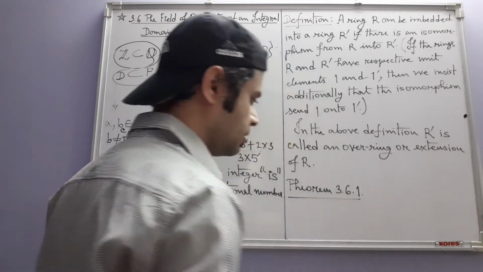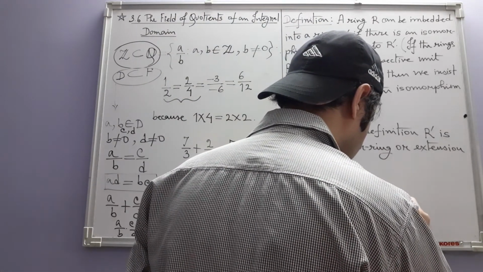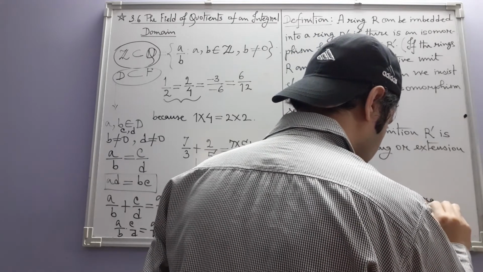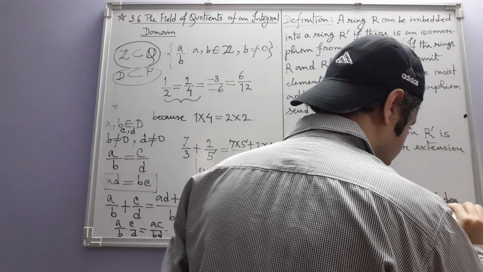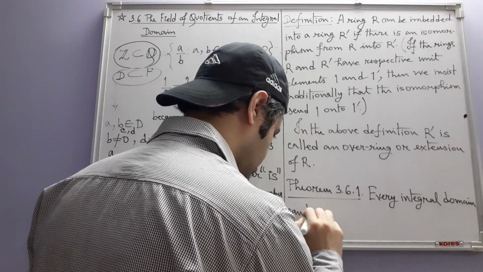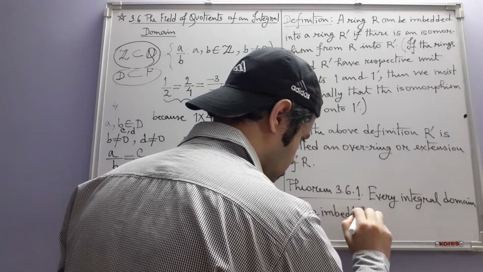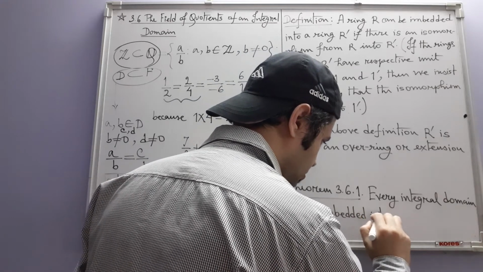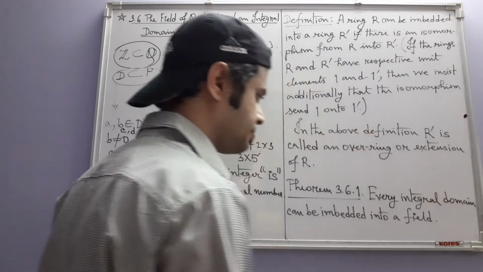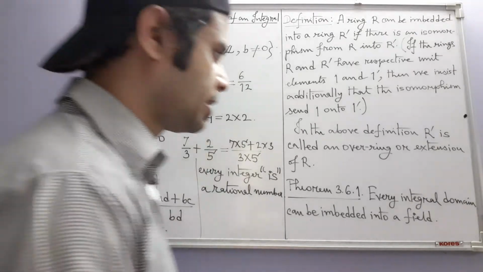Theorem 361. Every integral domain can be embedded into a field. So the statement is quite easy to understand.